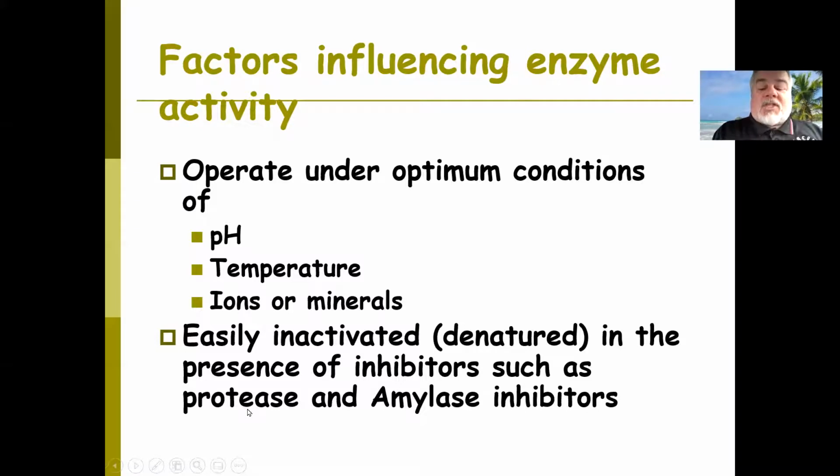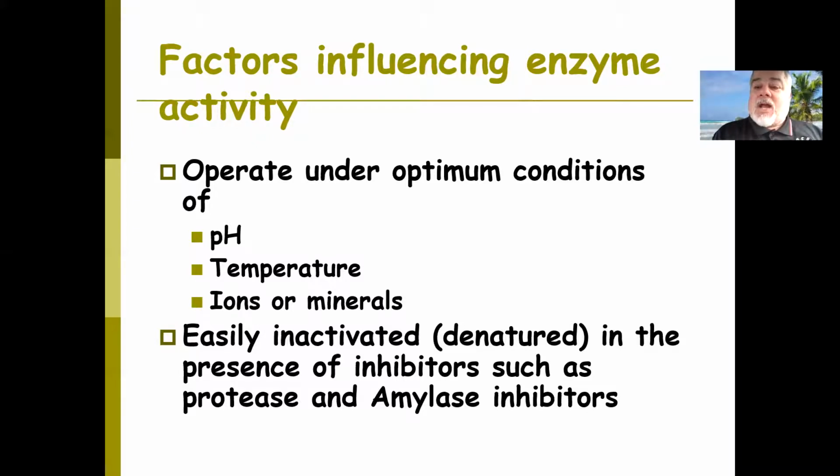But there are specific inhibitors. If I have protease in my sauce that I'm making, I want protease activity to stop. I don't want it to continue to break down all of my other proteins. So what do I do? I add an inhibitor.